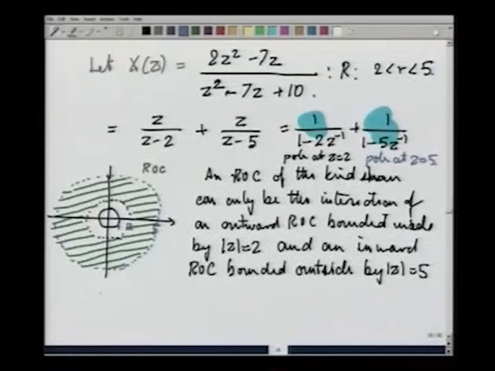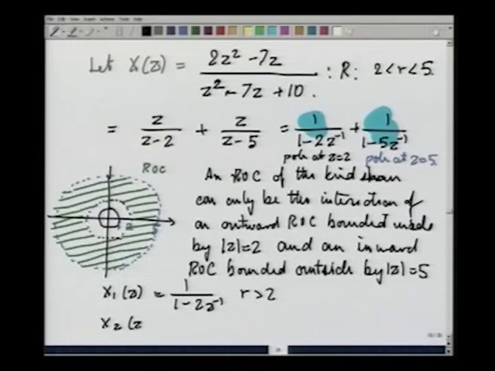We will say therefore, that X1(z) equals 1 by 1 minus 2 z inverse with R greater than 2, X2(z) equals 1 by 1 minus 5 z inverse with R less than 5.